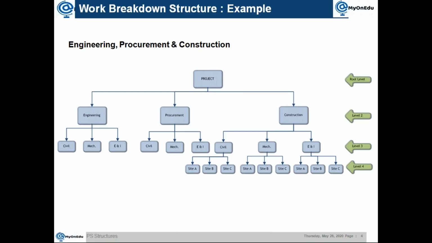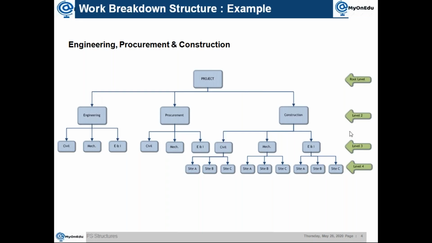Then for this kind of project, an example will be engineering, procurement, construction. These are your phases. This is the way they go. Then we have the work, for example, civil works, mechanical works, E&I, then the same thing for procurement. So this is what we are talking about. What we call level 1, or the root level, root node normally, represents the entire project.